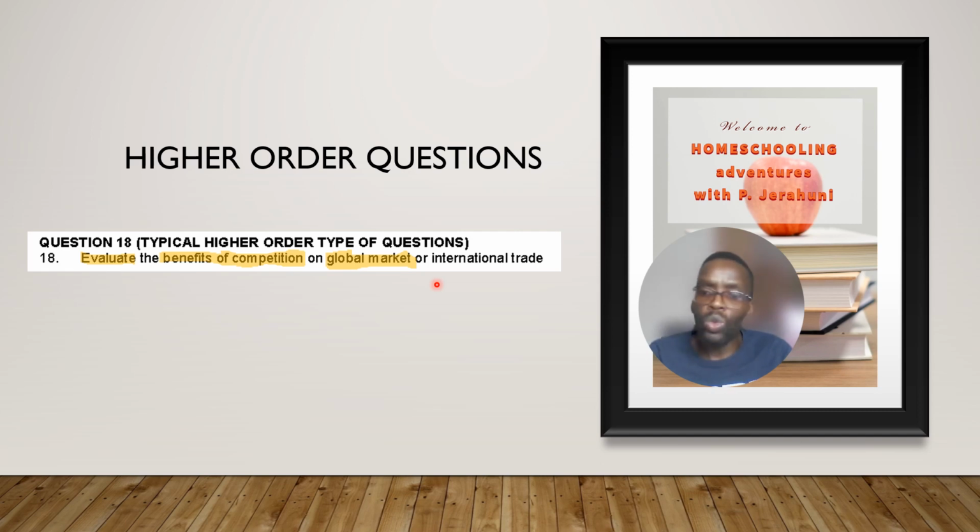Which would now mean that the households are going to benefit, because more factors of production are going to be bought from the households. Labor, natural resources, all those things are going to be bought from households by businesses as they try to increase their levels of production, and they are producing for what? For the international market. So it increases even the consumption of factors of production by local businesses.